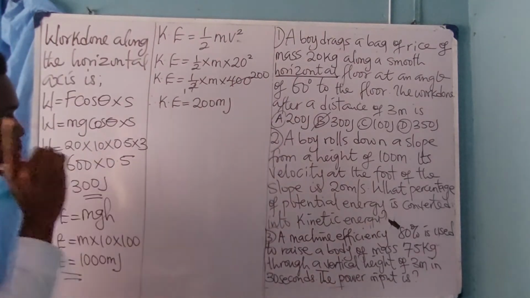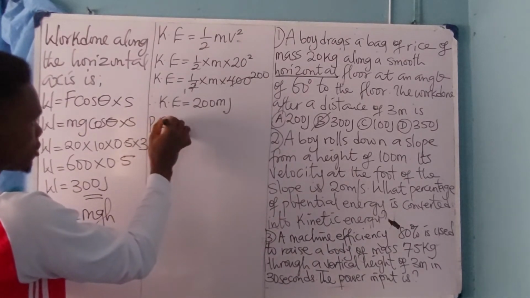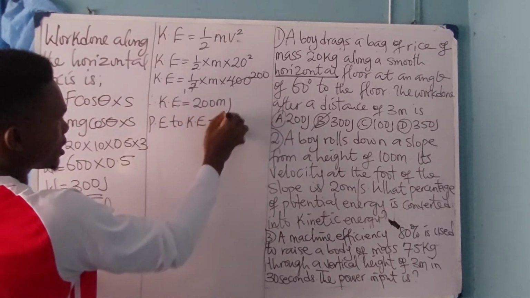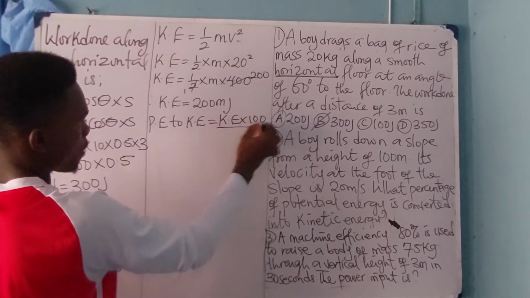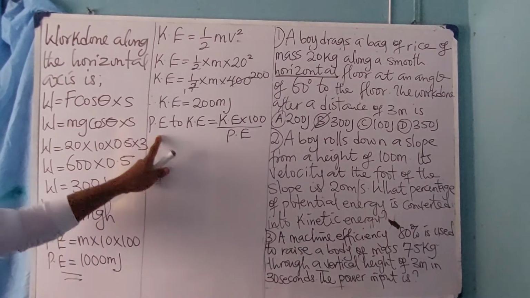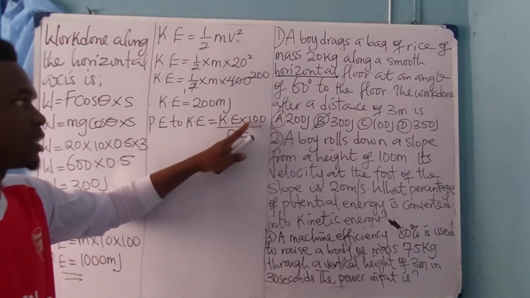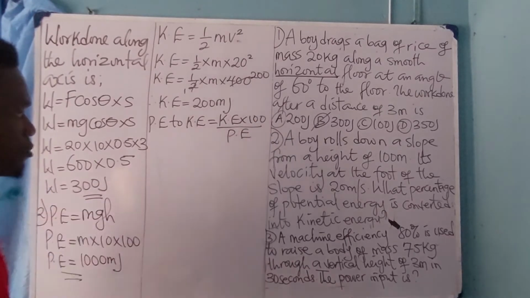I told us in our previous class that if you are converting from potential energy to kinetic energy, it is usually kinetic energy times 100 over potential energy. I gave us that formula.